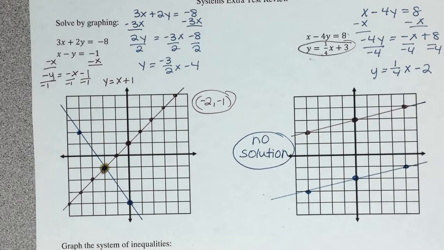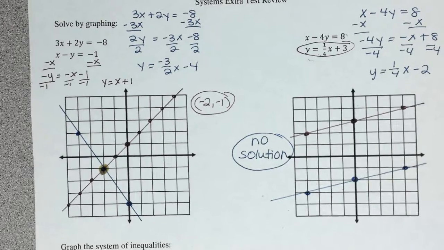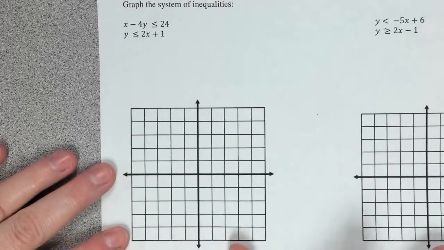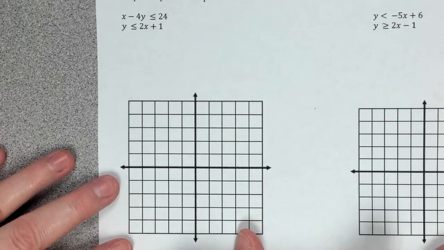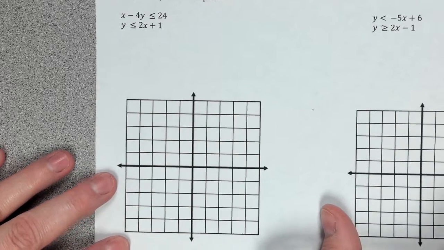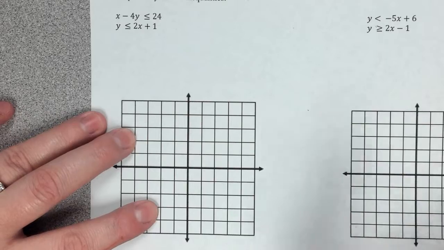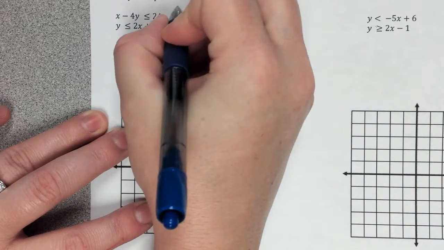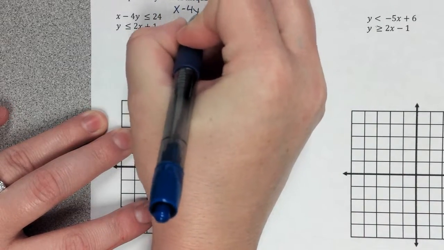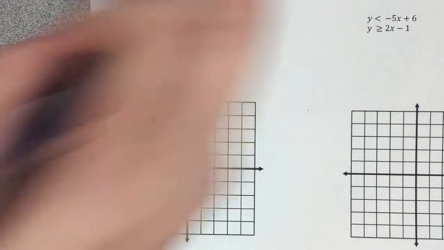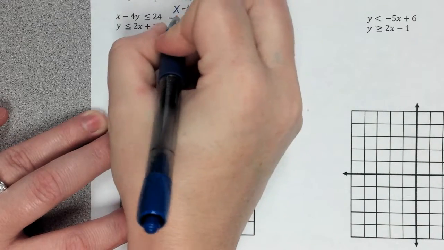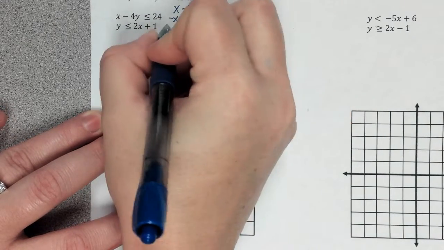Okay? So now I'm going to do the same kind of concept with my inequalities. I'm going to graph them, and in order to graph them, I have to solve for y first. So the first one up here, I have x minus 4y is less than or equal to 24. I'm going to subtract x on both sides.